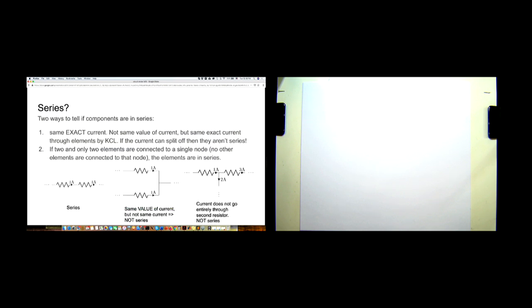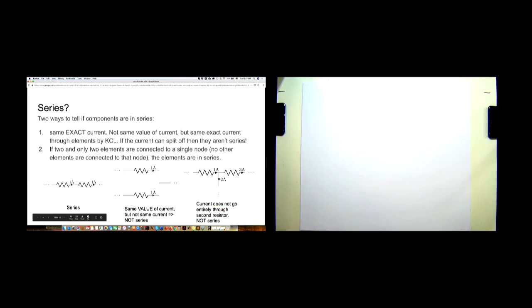So how can we tell if 2 components are connected in series or in parallel? For series connectivity, there are 2 ways to identify this. First, they should have exactly the same current flowing through them. Exactly the same physical current, not the same value of the current, as you see in the second picture here, but exactly the same physical current.